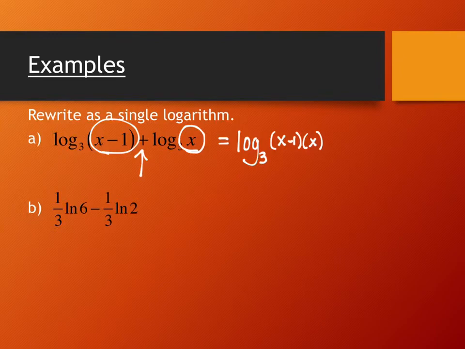You can leave it written like this, or another version might be that you multiply the pieces together and it says x squared minus x. Either of those are fine. I've accomplished the directions. I have a single log expression with no coefficients in front.